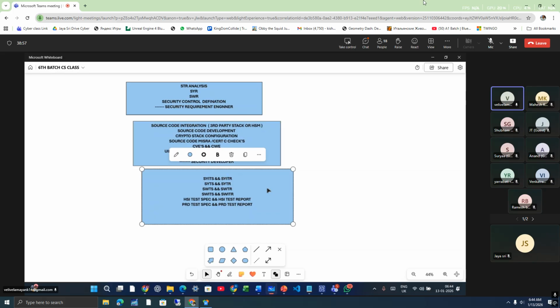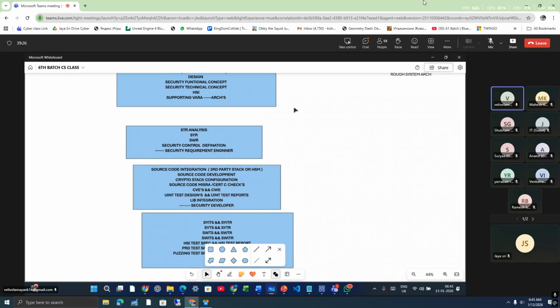Then you have the fuzz test spec, fuzzing test spec, and test report. Before that, you already know test frameworks and all are architects. Maybe a test architect, anyhow for me it is not there.